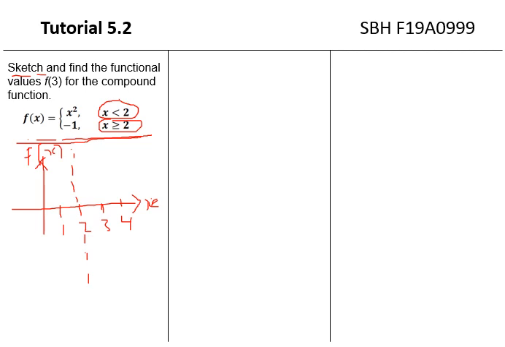When x is less than 2, the graph will look like x squared. So x squared, we will have this kind of curve here. Okay, up to here only.